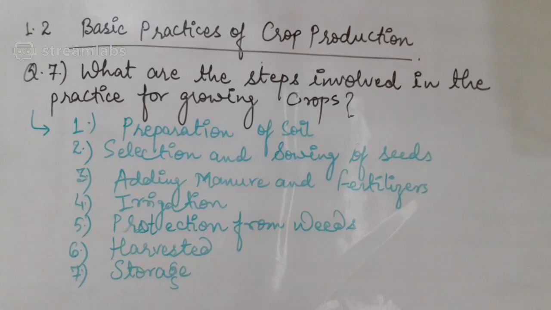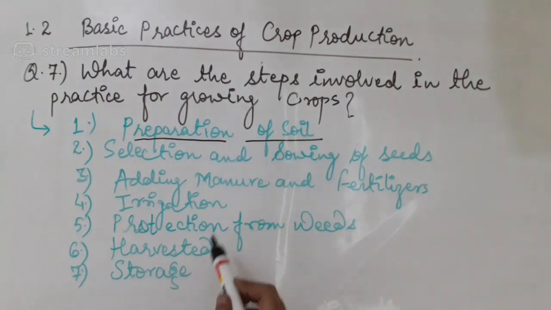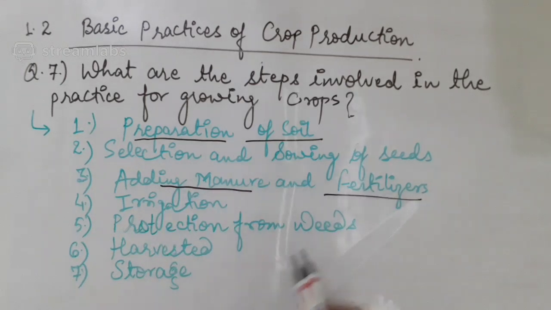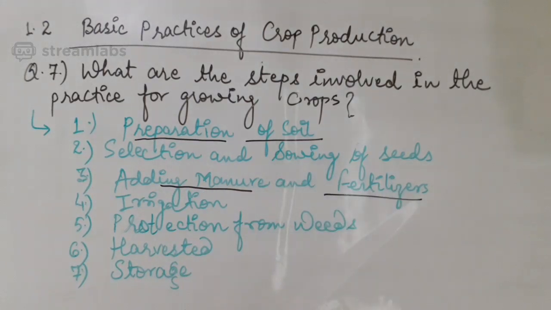Sometimes the first step, that is preparation of soil, includes the addition of manure and fertilizers, if the field is very low in fertility. The second step, selection and sowing of seeds, requires the good quality and good quantity of seeds which needs to be sown in the field. The irrigation is very important so as to avail water for the field and the growth of crops.